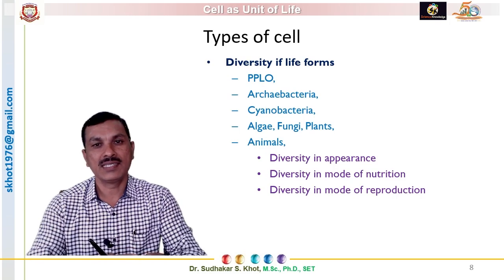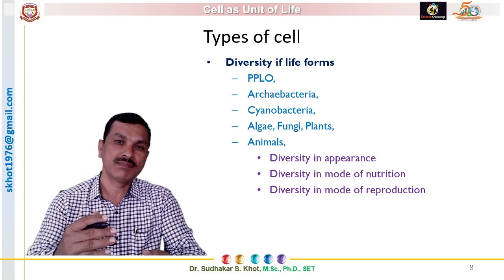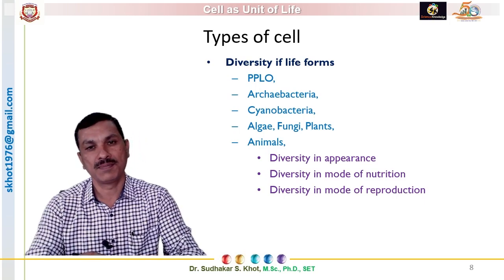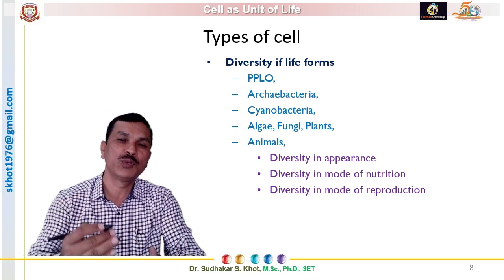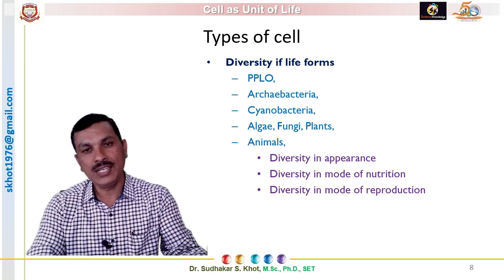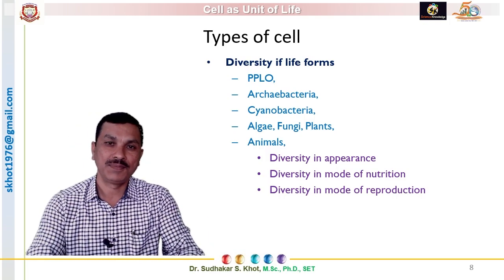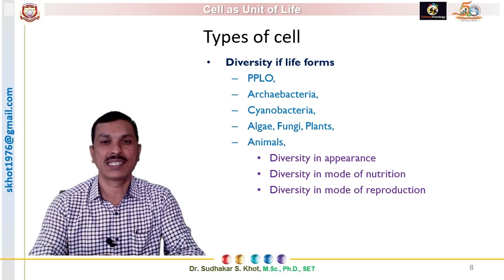But these characters do not show a particular continuity. For example, the size of a cell may vary from a few microns up to a few centimeters. There is a wide range of shapes in the cell. So these characters are useless as far as the classification of cells is concerned.